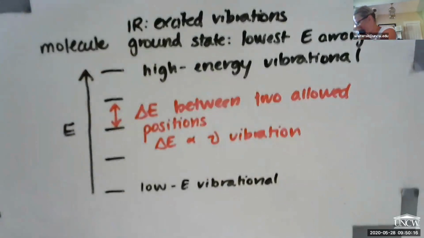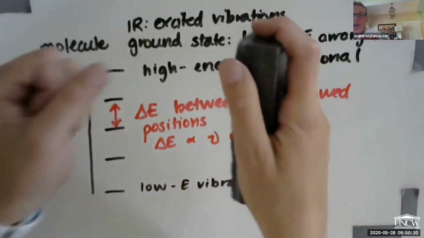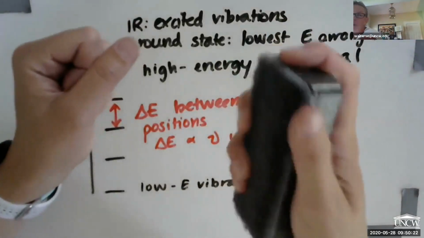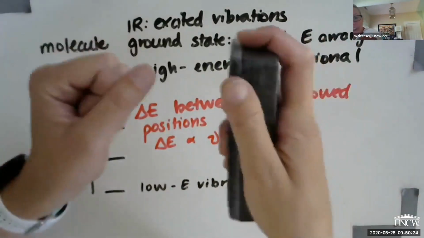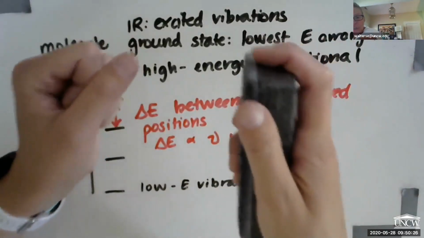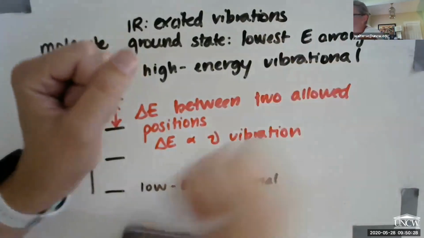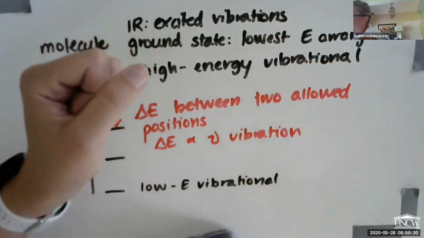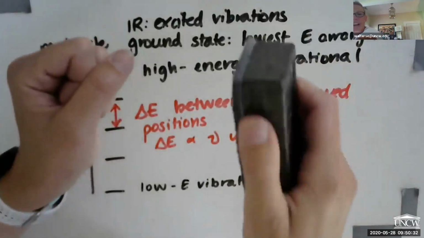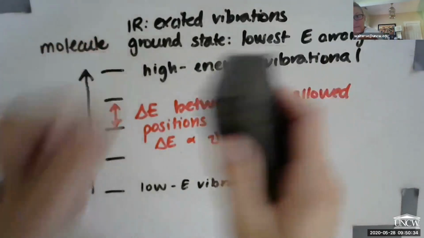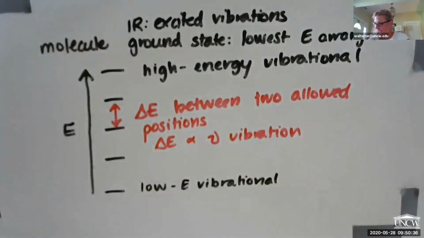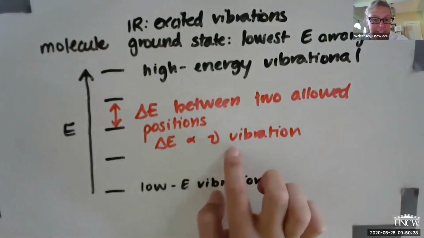If I put this eraser in my hand, my right hand weighs more than my left hand, so that'll change the vibration. So a carbon to carbon double bond will vibrate differently than a carbon to oxygen double bond, and that will impact the frequency of the vibration.